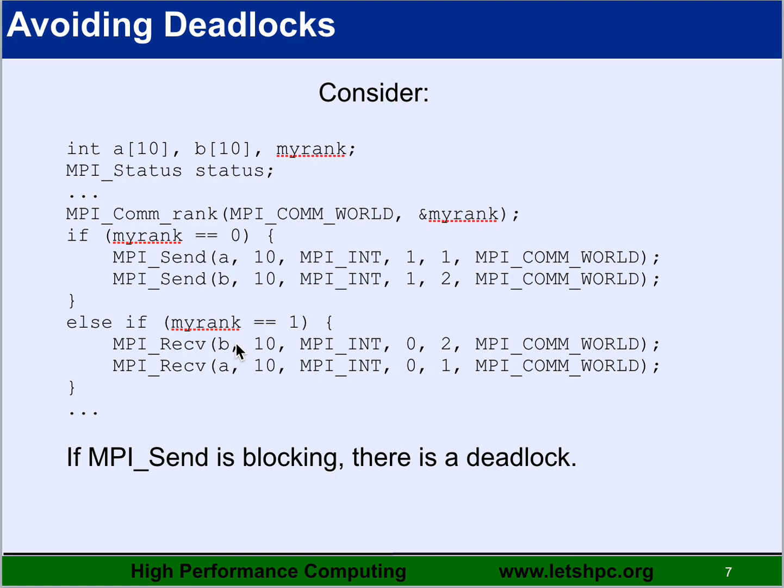But on the other hand, process 1 is actually looking for the item B to arrive.